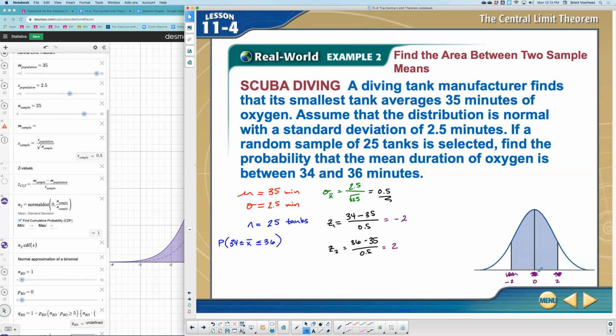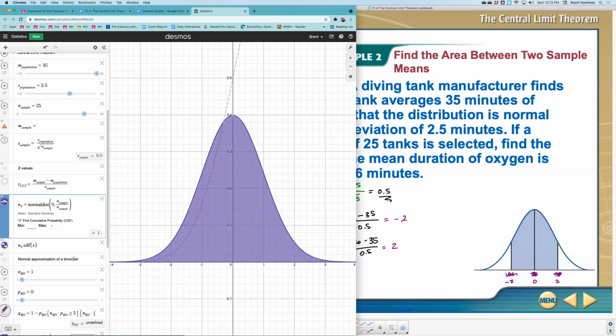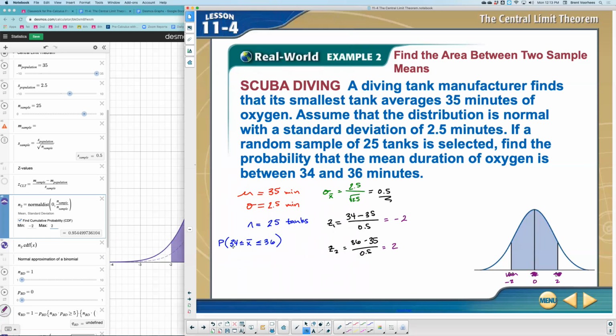That's truthfully what we're looking at. If these are the Z values, that's where we're looking to get the probability. So I'm going to say from -2 to +2, the probability of having, when we draw 25 tanks, the mean of those tanks being somewhere between 34 and 36 minutes of oxygen is about 95.4%.